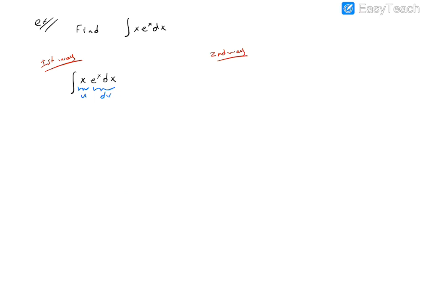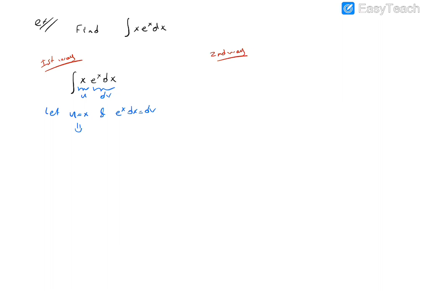Actually, when choosing dv, you should be careful. The factor in the dv, here e to power x, can be integrated easily. Otherwise, you cannot choose it. So, according to that, let's choose u to be x and e to power x dx is dv.